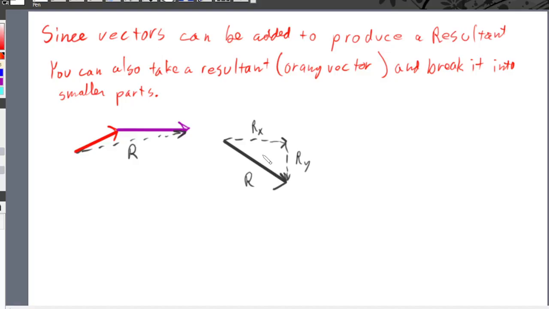What I want you to see is that just like here, I added them head to tail and drew my resultant start to finish. Here, I had a vector that I wanted to be my resultant, and I asked, what's that made of? It's made up of this much x and this much y. This vector goes down and right, which means it's made up of a rightward and a downward component.